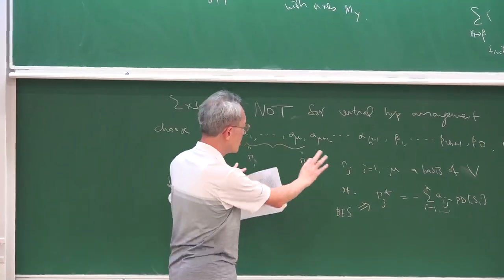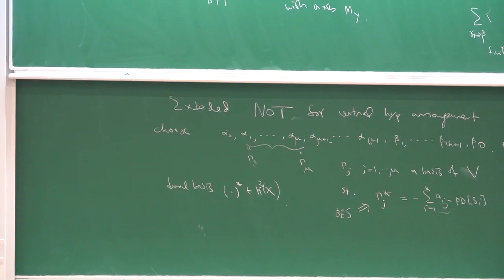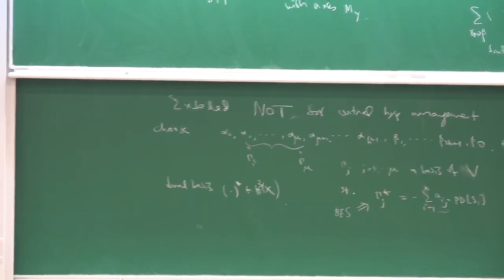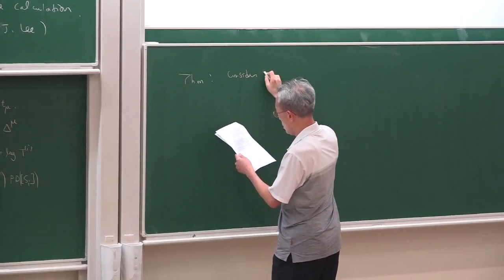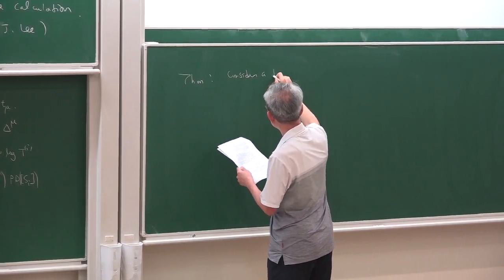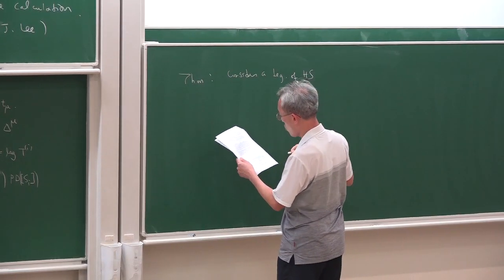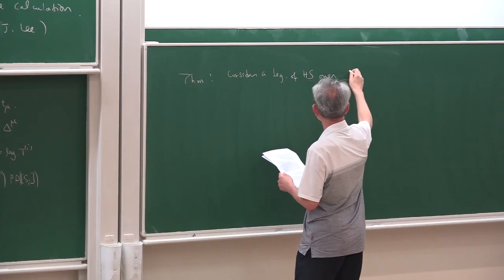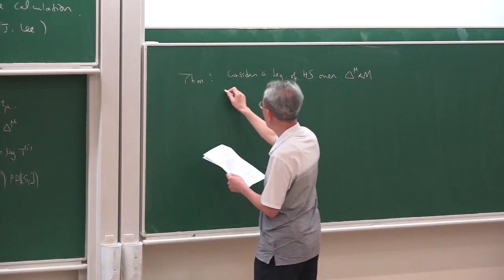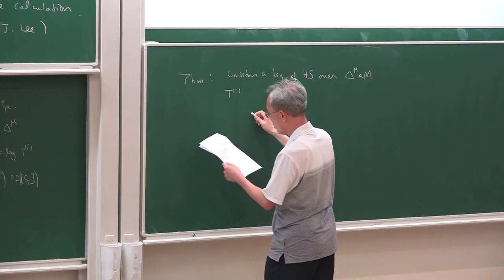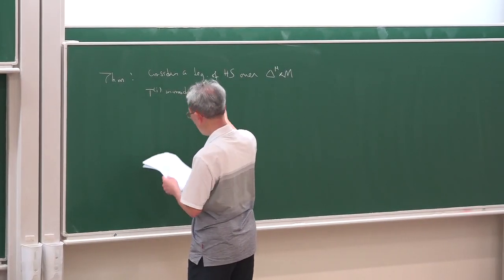Slightly more general than this data. So this is our data, but we can do an abstract version of it. So consider a degeneration of Hodge structure over something like this, and let Ti be the monodromy around it.